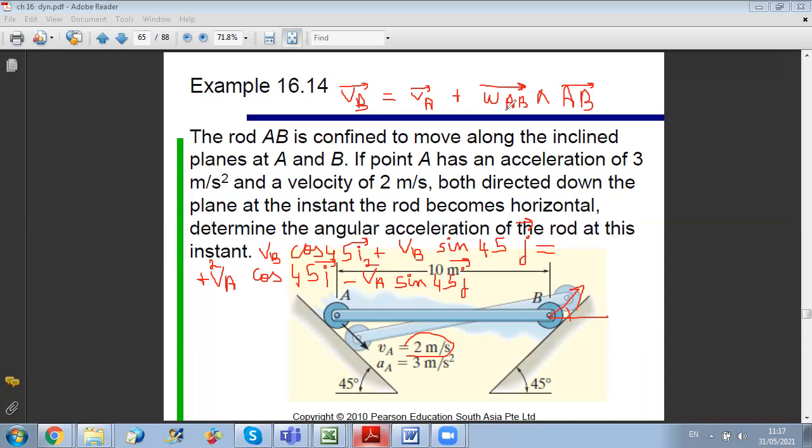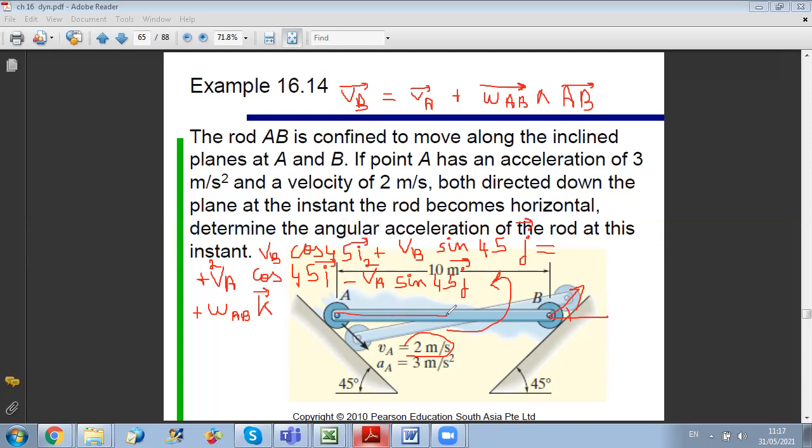And concerning omega AB, I should make an assumption whether it's clockwise or counterclockwise. If I assume it's counterclockwise, it's along positive k, so it's plus omega AB k vectorial AB. As you can see in the figure, the position of interest is the horizontal position.